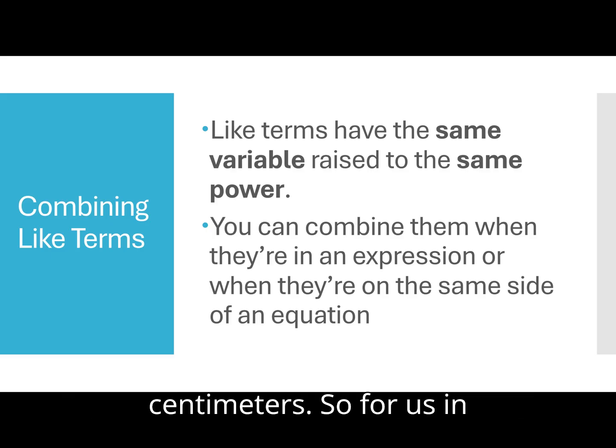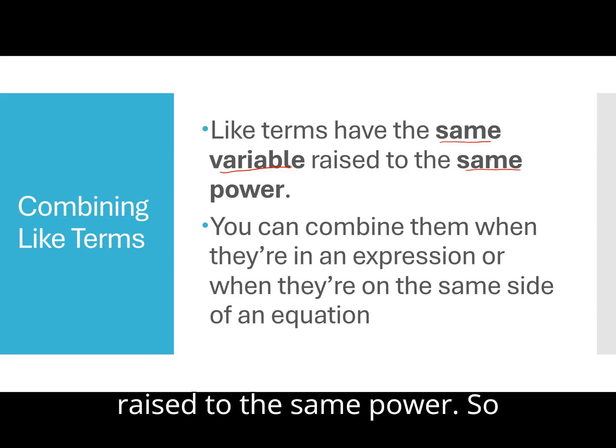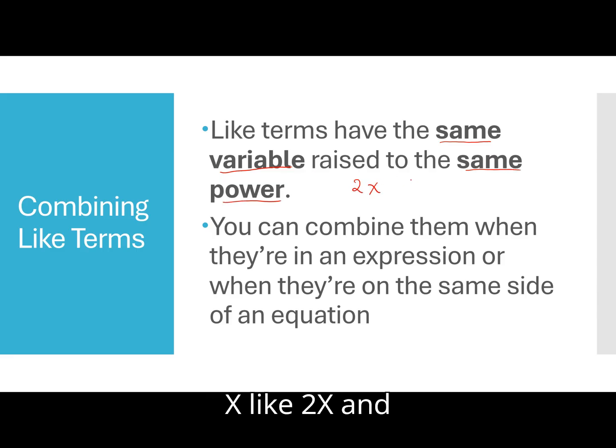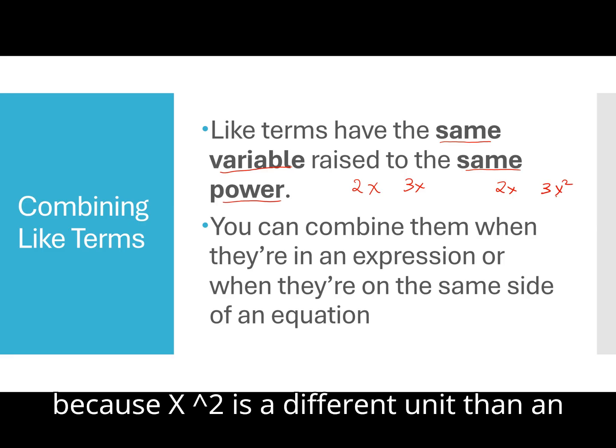So, for us in just a math equation, like terms are going to have the same variable raised to the same power. So 2x and 3x are like terms. 2x and 3x squared are not like terms because x squared is a different unit than an x.